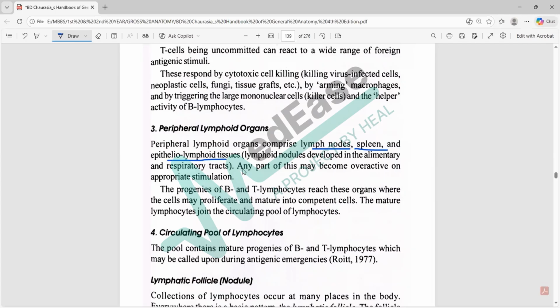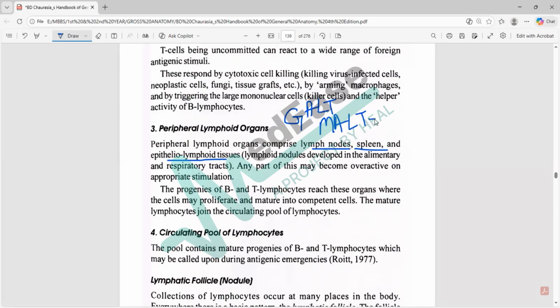This is normally applied to the respiratory tracts and the gastrointestinal tracts, where we have it as the GALT, which is gut associated lymphoid tissue, or in the respiratory tissue, we call it MALT. So in the GIT, we call it GALT, which is the GIT associated lymphoid tissue, but in respiratory organs we call it MALT, which is the mucosa associated lymphoid tissue.